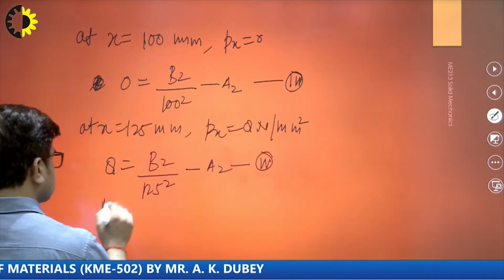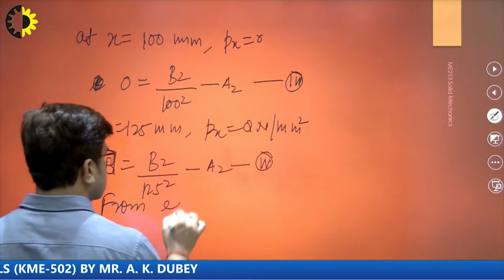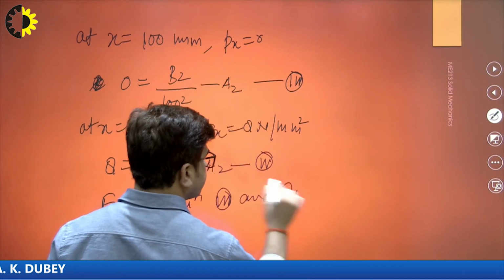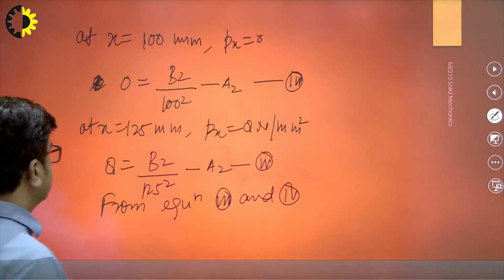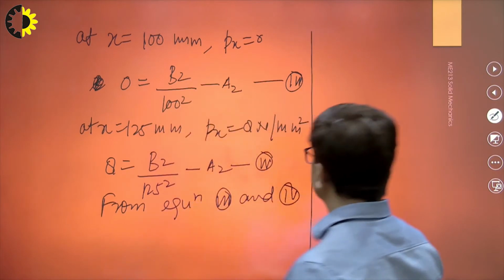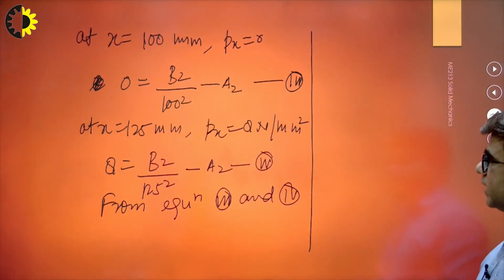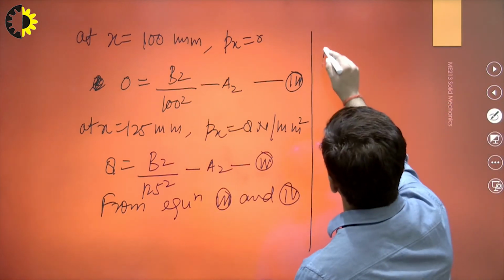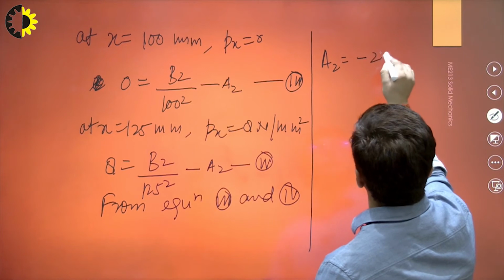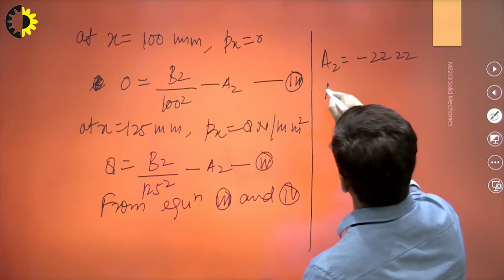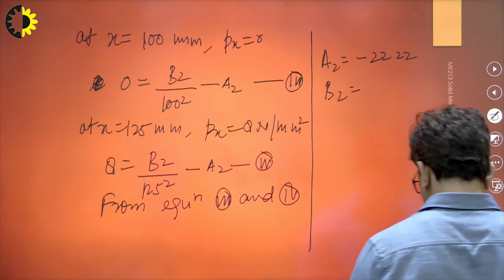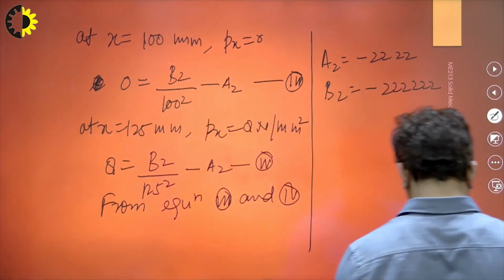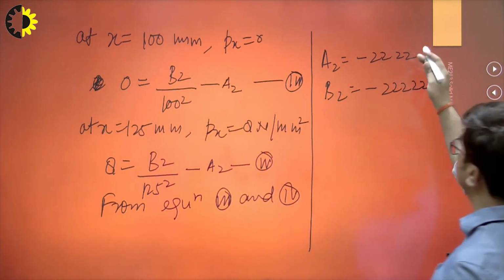So from equation 3rd and 4th, we can get A2 and B2. So A2 comes out as minus 22.22 and B2 comes out as minus 222,222. This is the value of A2 and B2.